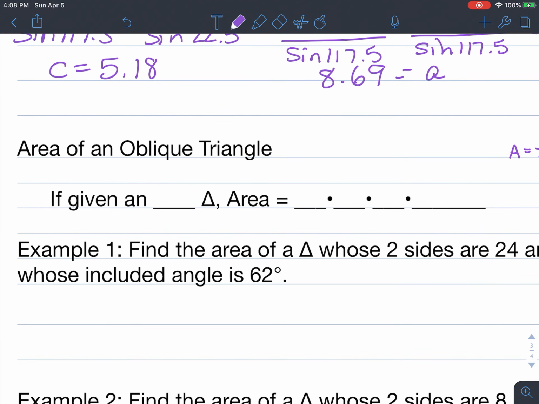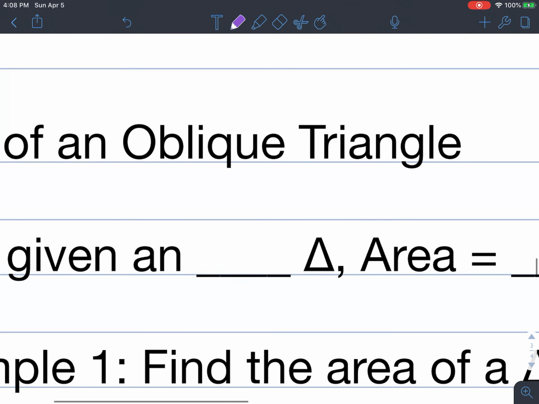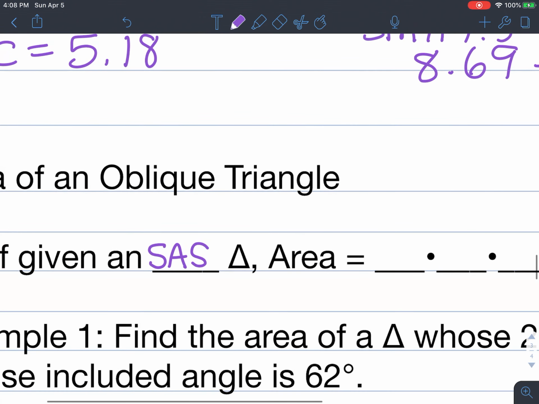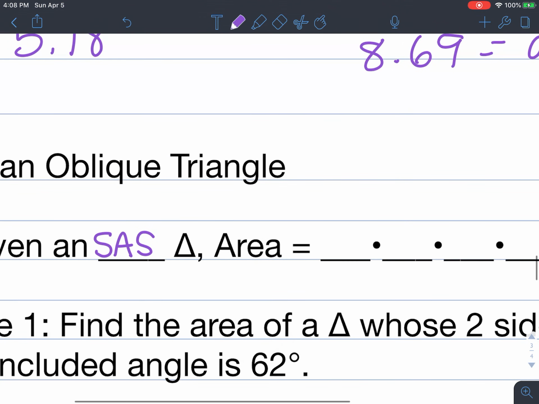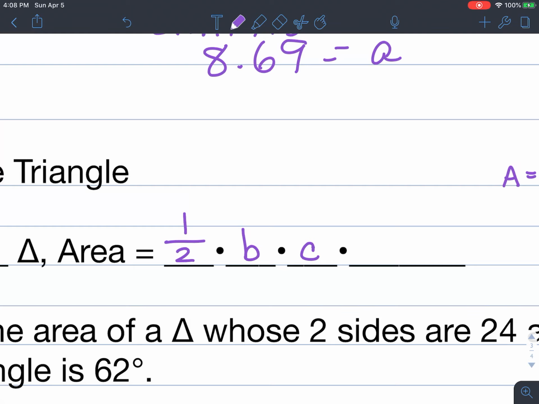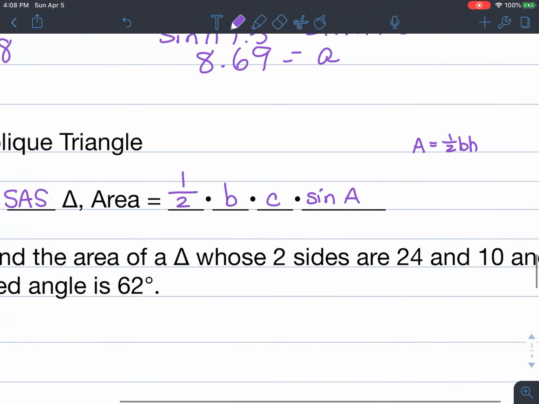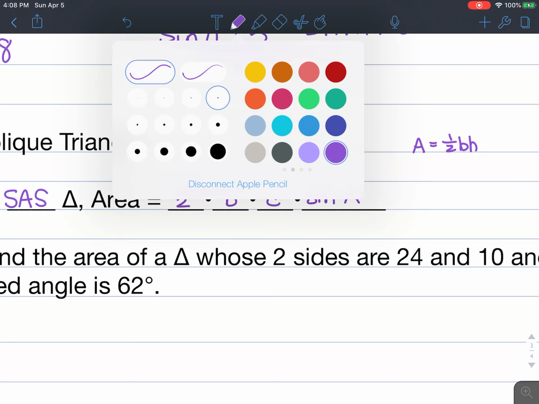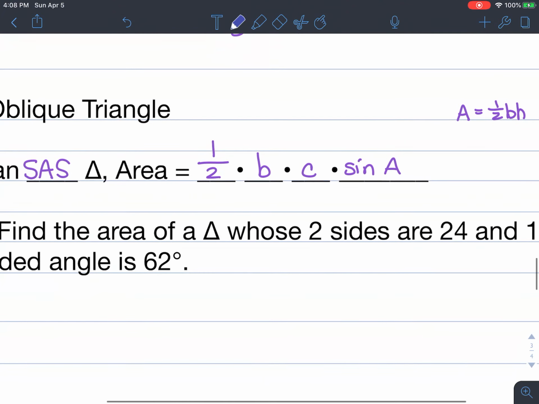It's based on the original one, but if you're given a triangle that's an SAS triangle, so two sides and the angle between them, then the area is 1/2 side B times side C times sine of angle A. Now, these letters are interchangeable, to a certain extent.